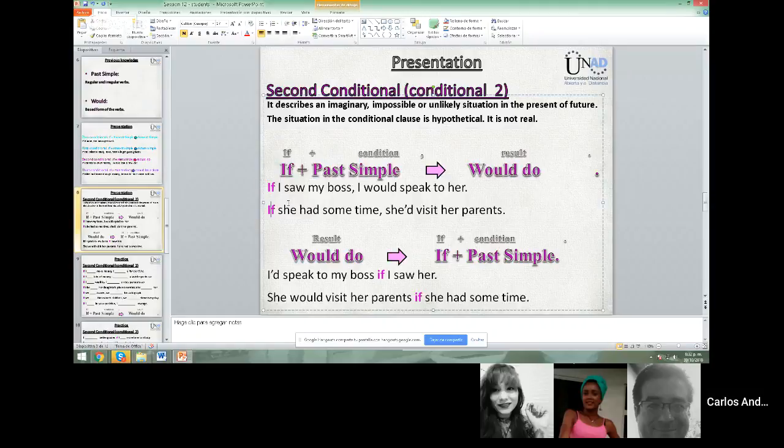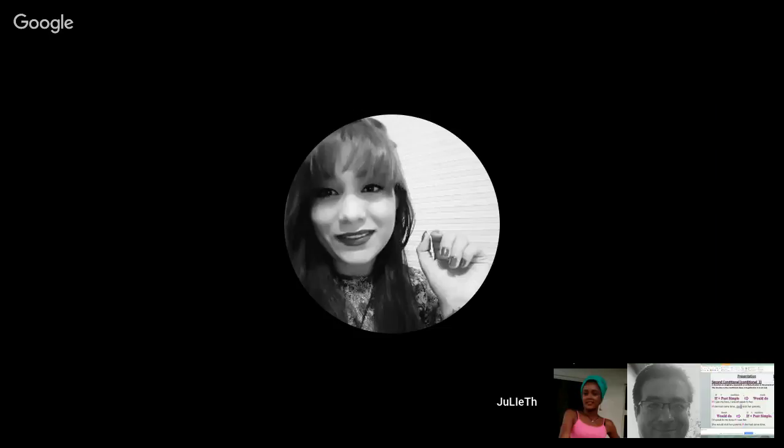So let's remember something important. In this example, you are seeing the contraction. This one is the contraction of the verb would. Okay? And every time you are going to use the contraction in the same way.